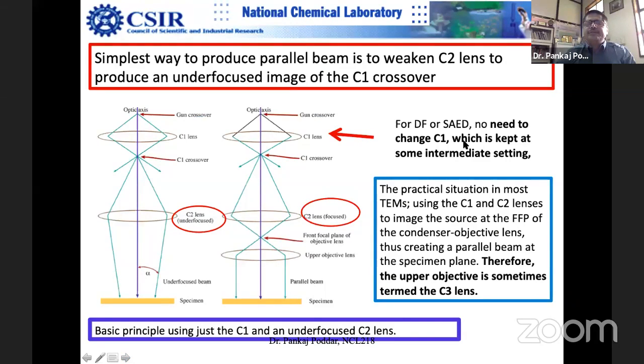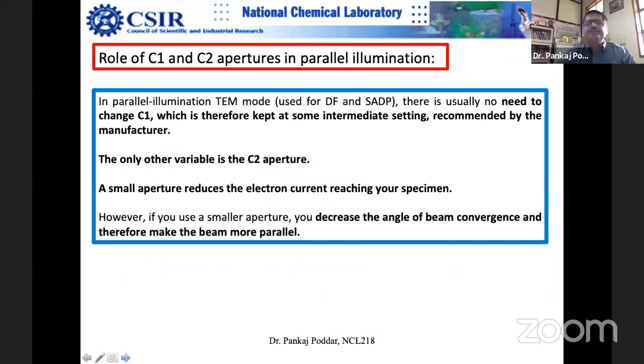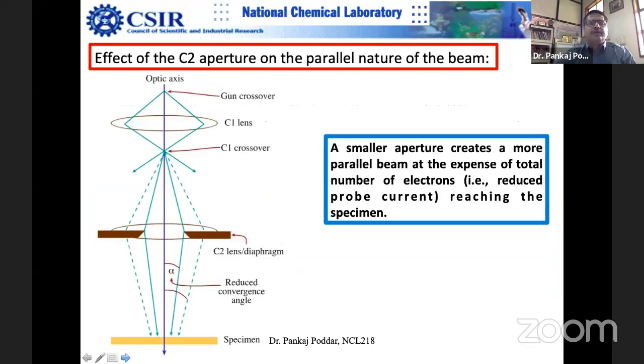This is the repetition that this upper objective lens is sometimes called the C3 lens. The basic principle is using just a C1 lens and basically an under-focused C2 lens, unless you want to use the other one. You can read all these things.